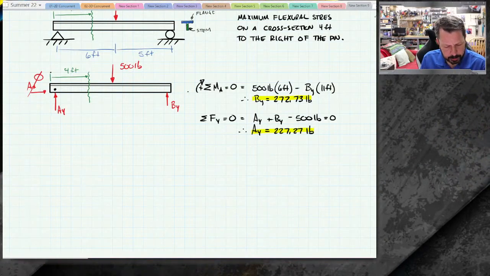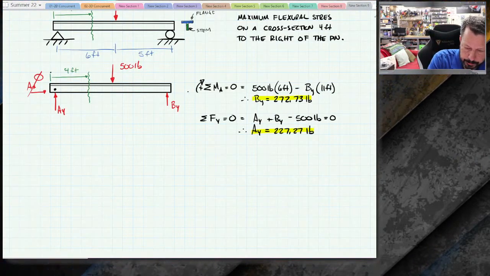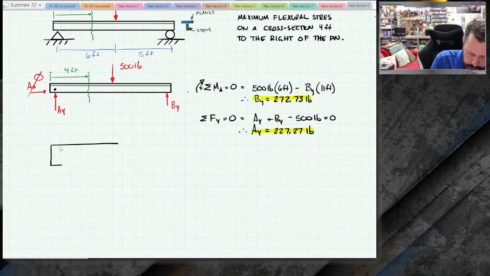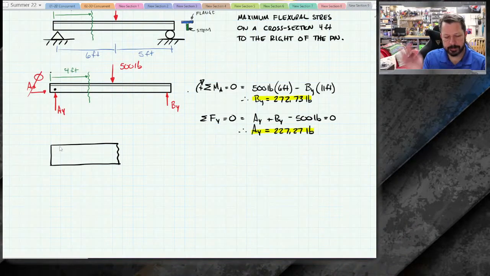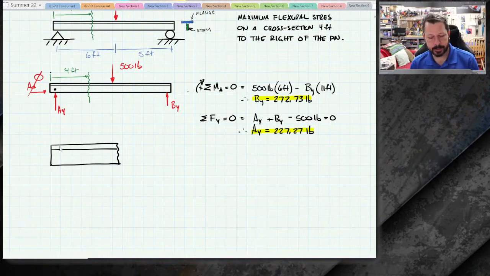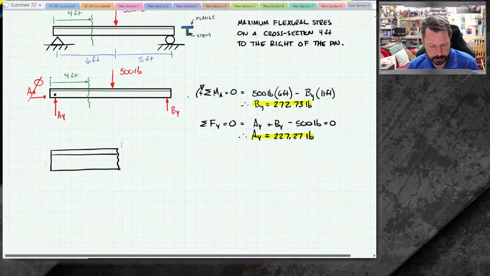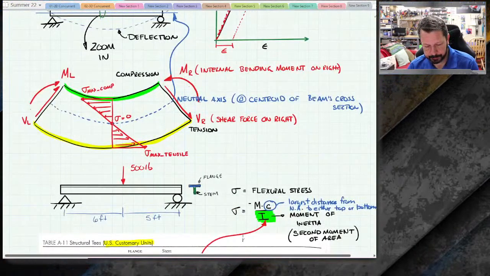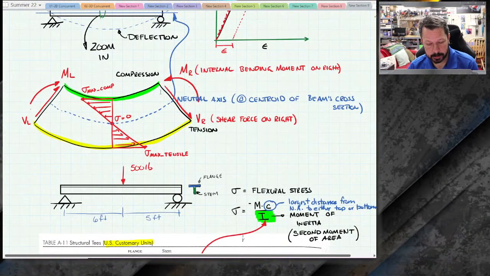I'll draw it a little bit larger just because we're going to have to draw some labels on it and such. But there is the little left-hand side, and it's a T-beam, so you could kind of see the edge of the flange there, I guess. When we draw this side, we have to put our arrows. The shear force goes down, and the concentrated moment, the internal bending moment, goes counterclockwise.